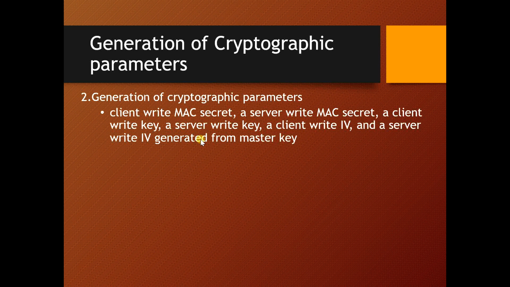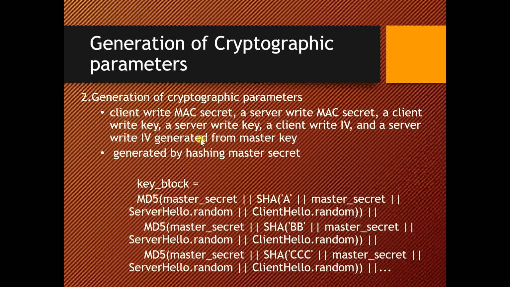Now the generation of the key material from the master secret will use the same format as the generation of the master secret from the pre-master secret, which is shown here. If you look at the code for the master secret creation and for the generation of the cryptographic parameters, it almost looks the same.